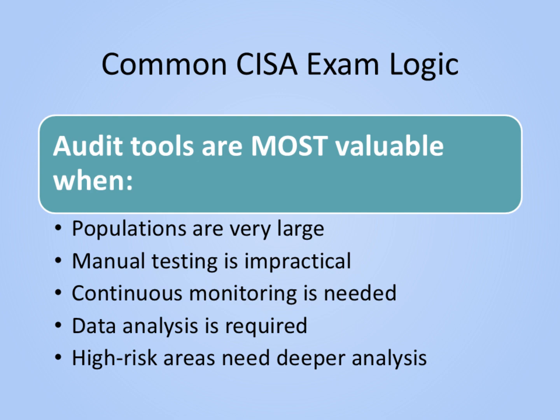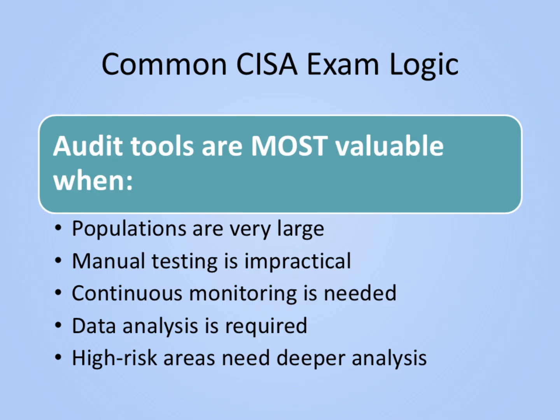Audit tools are most valuable in situations where manual auditing would be inefficient, impractical, or unable to provide sufficient coverage. One common example is when populations are extremely large. Instead of manually reviewing thousands or even millions of records, auditors can use automated tools to analyze the entire dataset more efficiently.